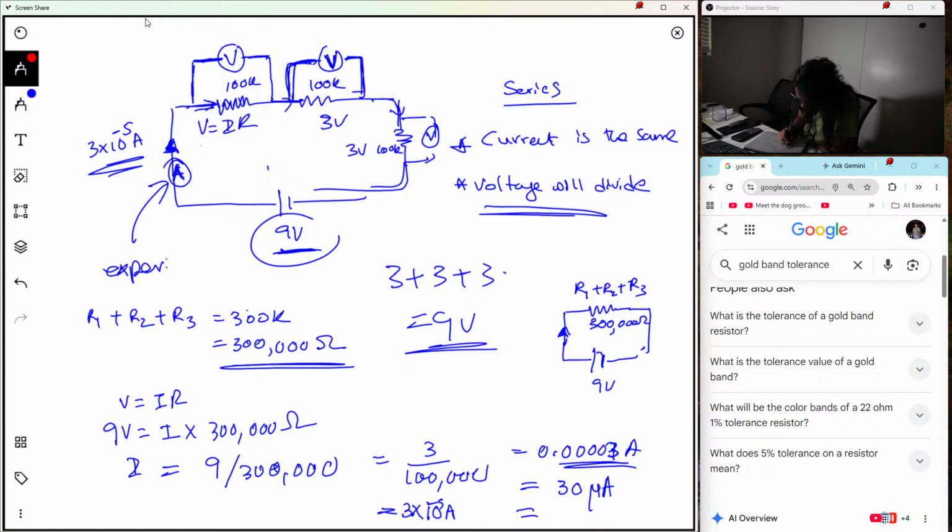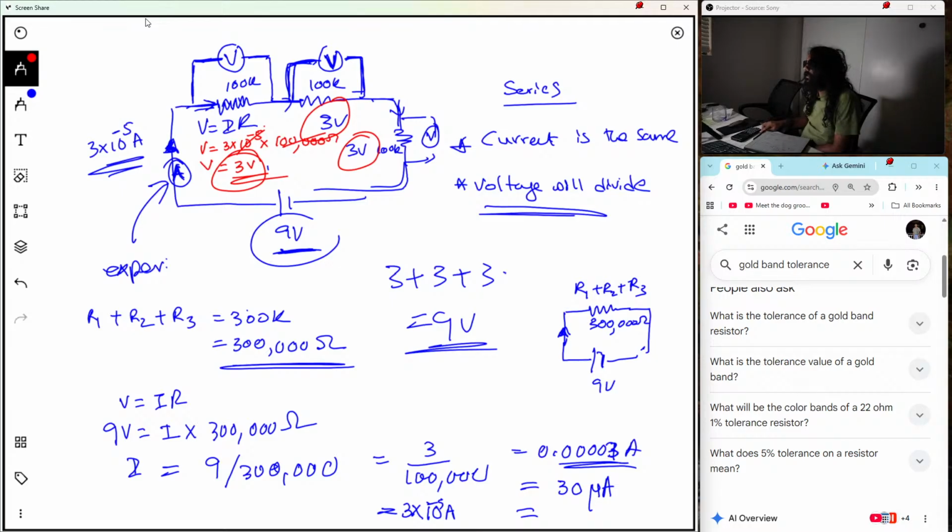In that case, V is unknown, I is 3 into 10 to the power minus 5, times R is 100k, so 100,000 ohms, right? So here 10 to the power minus 5 and this one will cancel out, so V is 3 volts. Can you see how it comes? If you repeat the same calculation, you will get 3 volts here too, right? So that is how you find the voltage.